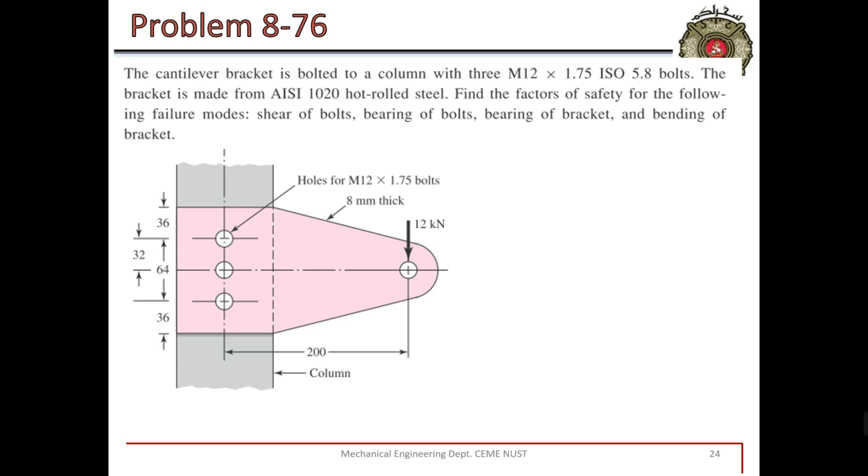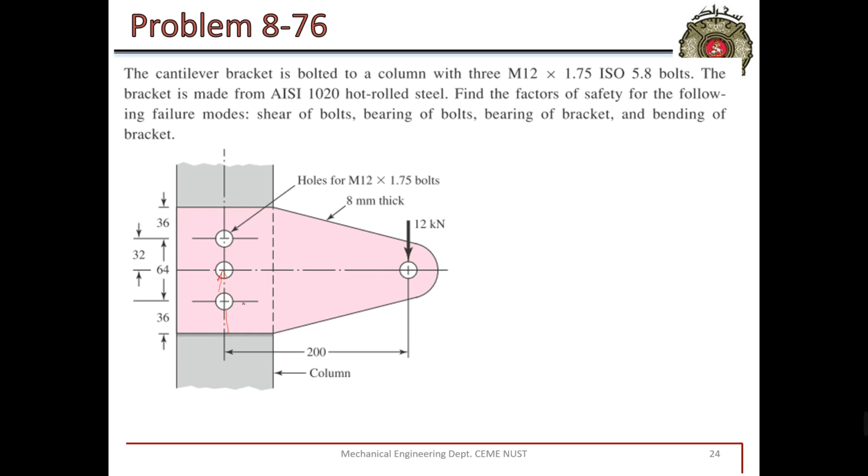For this problem, they have given us bolts. What bolt is used? They have given us the thickness of the plate. Force is applied here. Due to that force, there is an equal and opposite upward force in this direction. This is the upward force, 12 kilonewton. Because we have 3 bolts, this 12 kilonewton is divided.